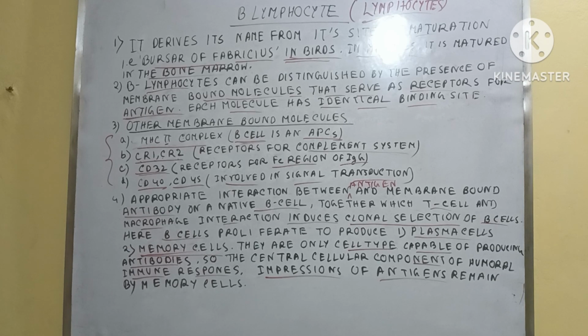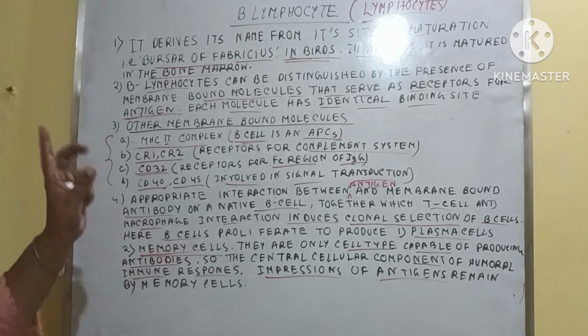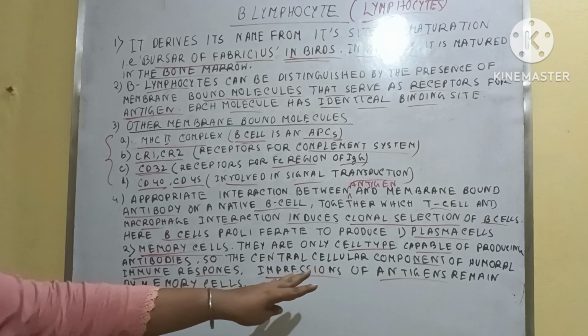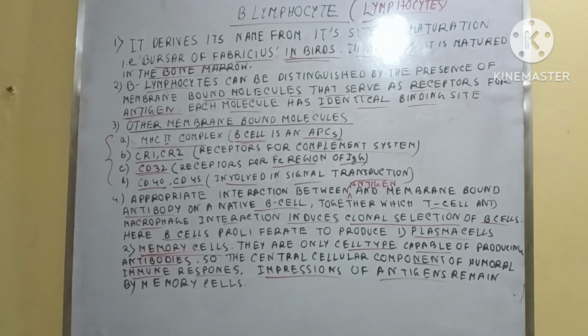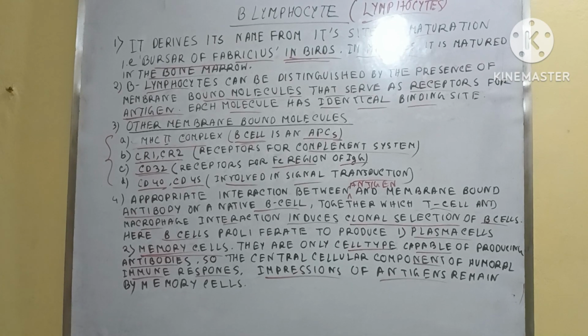Its function is to restore, I think that is the proper word, the impressions of the antigens within the immune system for further attack of this type of antigens, their destruction, and for the protection of the body. Clear? So these are the features of the B lymphocytes.